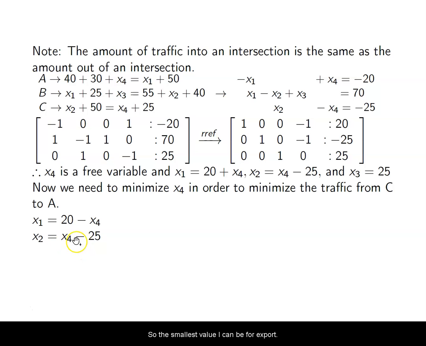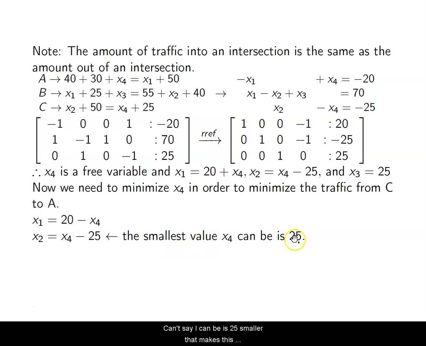So the smallest value I can be for x4 is 25, because then that means I got 0 number of cars going through x2. And again, you might be like, well, what about 20? Remember, I messed up, so this should be a plus. Just imagine that in your mind right now. You'll be okay. So this is what allows me to minimize.